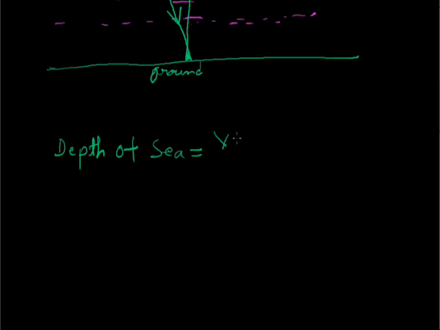It means d equals v into t upon 2, where v is the velocity of sound in seawater.